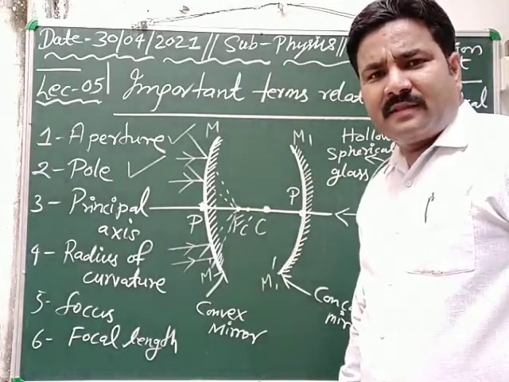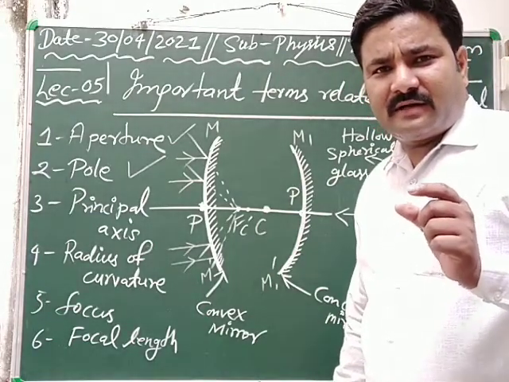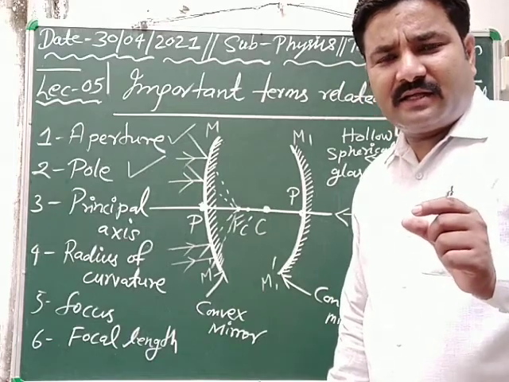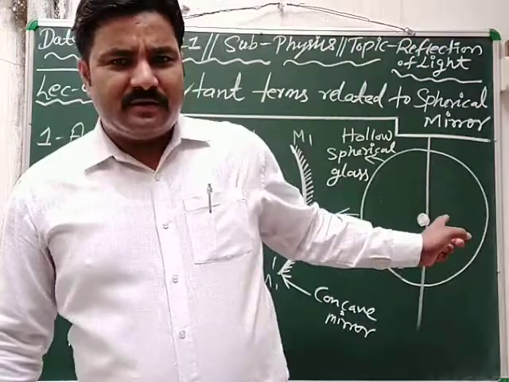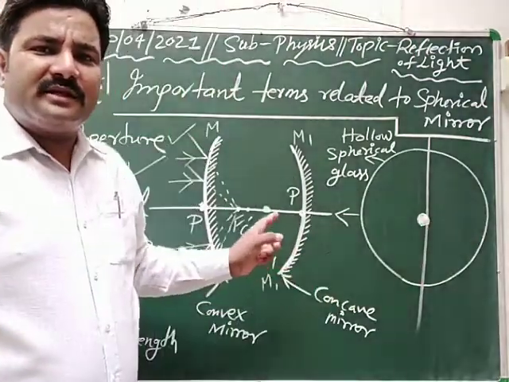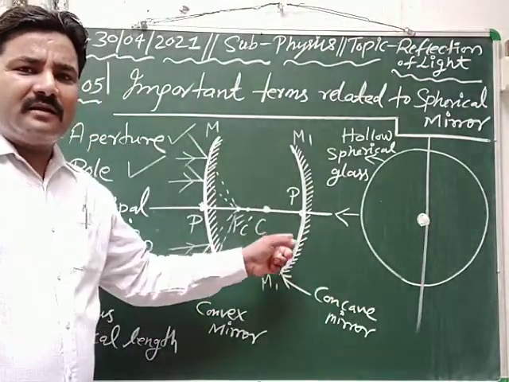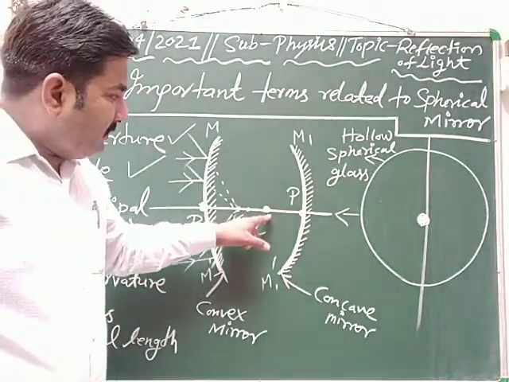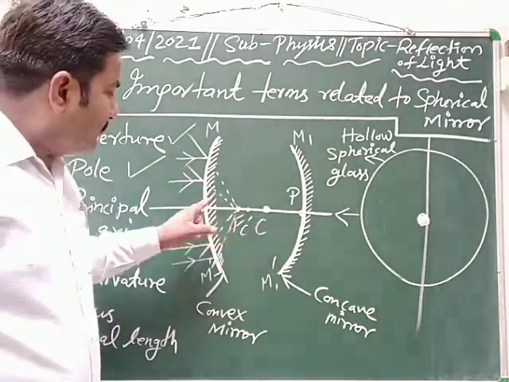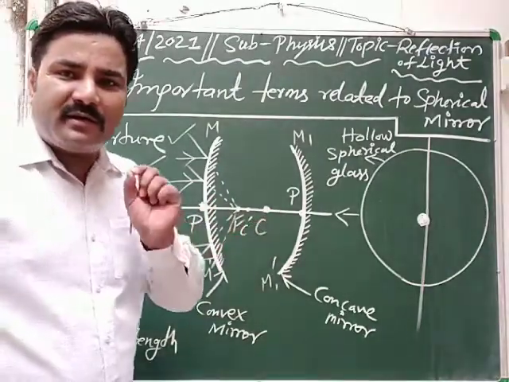Clear? That hollow sphere means this one, of which the mirror is a part, either convex or concave.